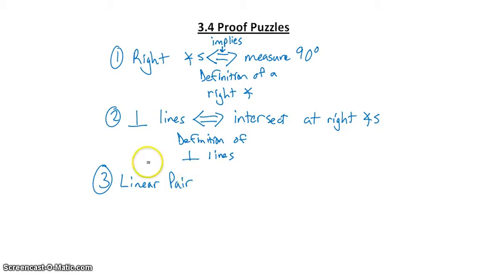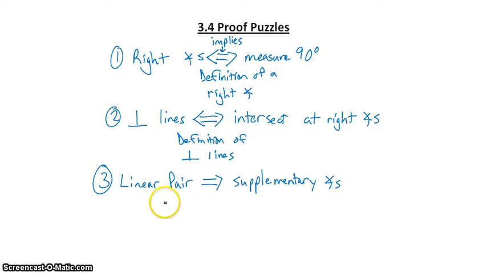If we look at the information about a linear pair, we know that if two angles form a linear pair, then those angles have to be supplementary. What allows us to go from angles forming a linear pair to those angles being supplementary?